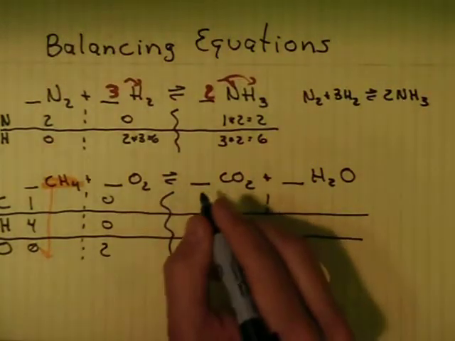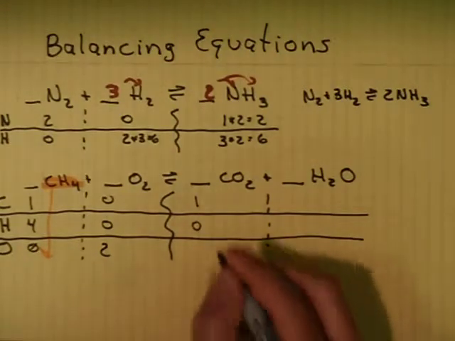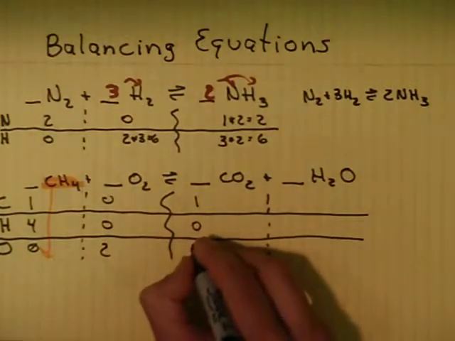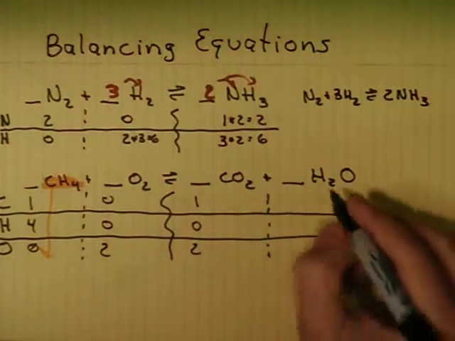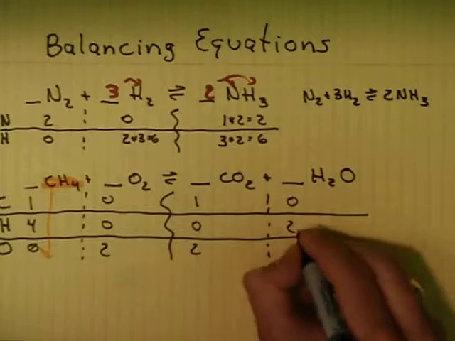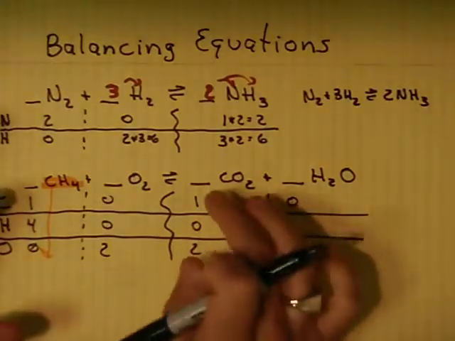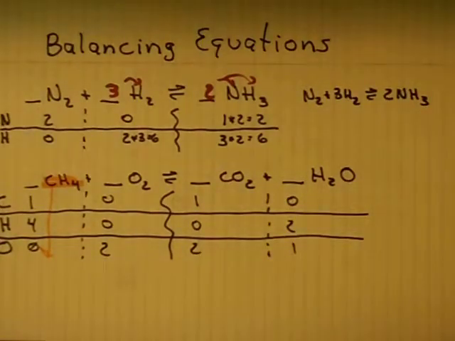Over on the right side, carbon dioxide, 1 carbon, 0 hydrogens, and 2 oxygen. And finally for water, 0 carbon, 2 hydrogen, and 1 oxygen. So, carbons are already balanced to start.